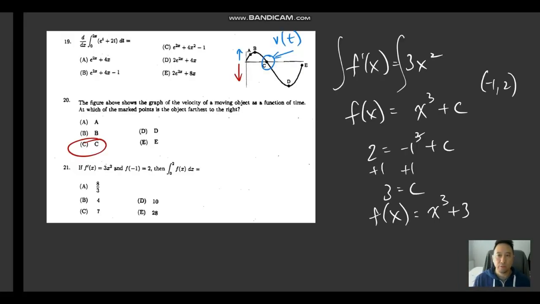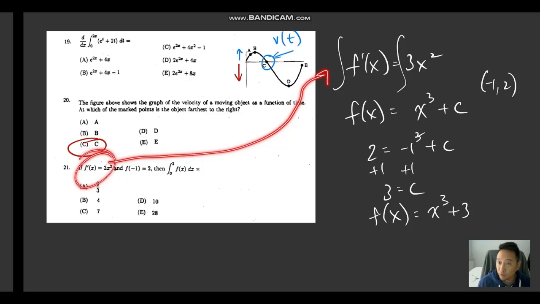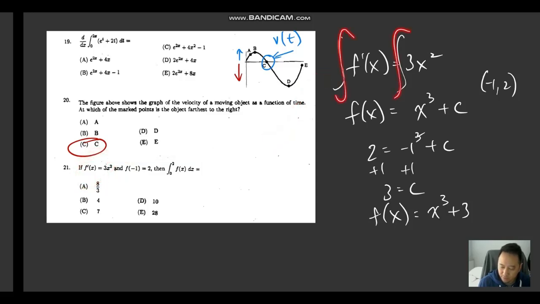Okay, so we're continuing on for number 21. I started a little bit, but I guess I could walk you through it. You're given a derivative, you have what looks like initial value information, and they want you to find a definite integral. So taking this derivative, I rewrote it over here, and we're going to integrate both sides.